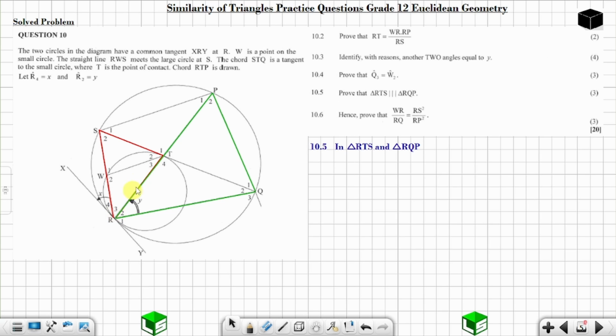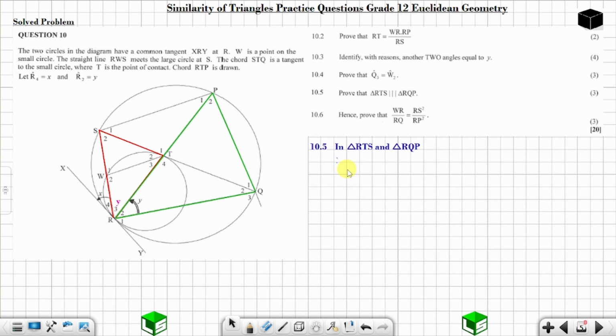Okay, RTS and RQP. Okay, these are the two triangles in which we are going to work in. Okay, so this angle is Y, and remember, this angle R3 is Y. This was proven in question 10.3.